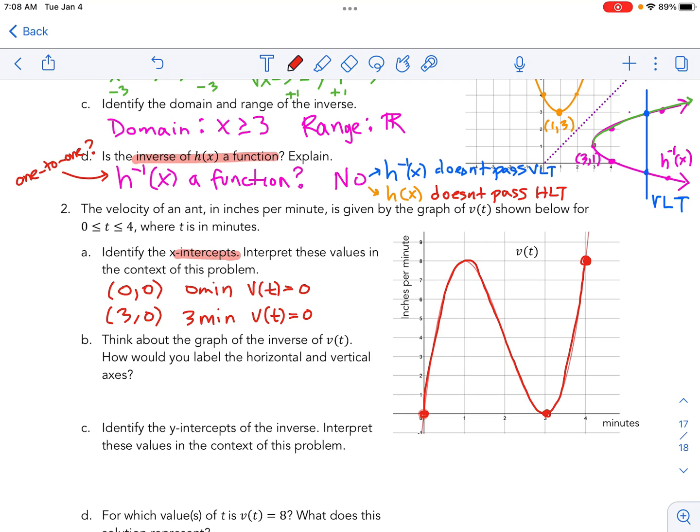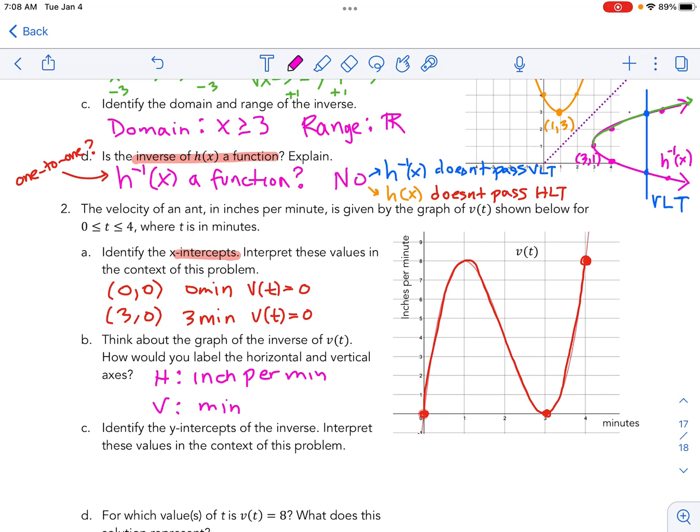rest, not moving. Okay, so think about the graph of the inverse. How would you label the horizontal and vertical axes? Well, they would switch, right? The horizontal axis would now be our inches per minute, and our vertical axis would now be our minutes, right?